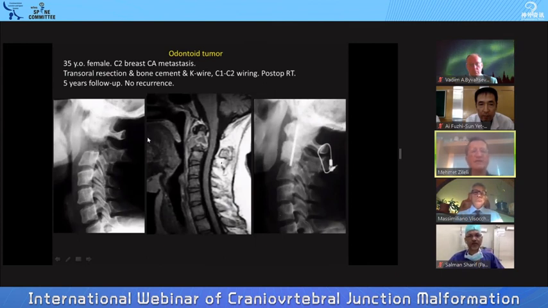This is one example, a C2 tumor. I did it in the 1990s, with just a transoral resection and then cement application and a K-wire inside the odontoid process. This patient had 5 years follow-up, no recurrence.